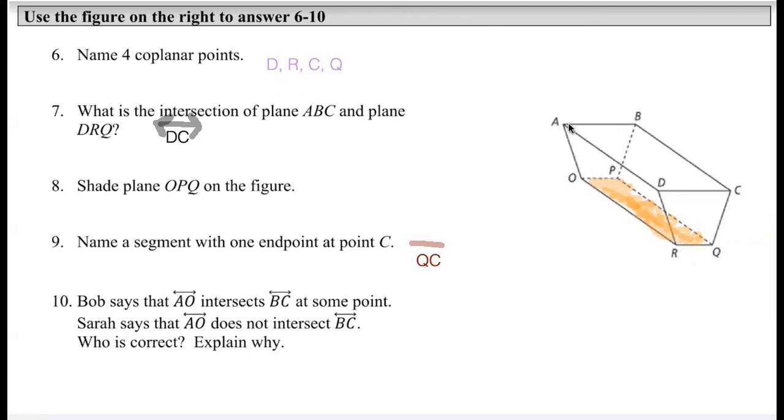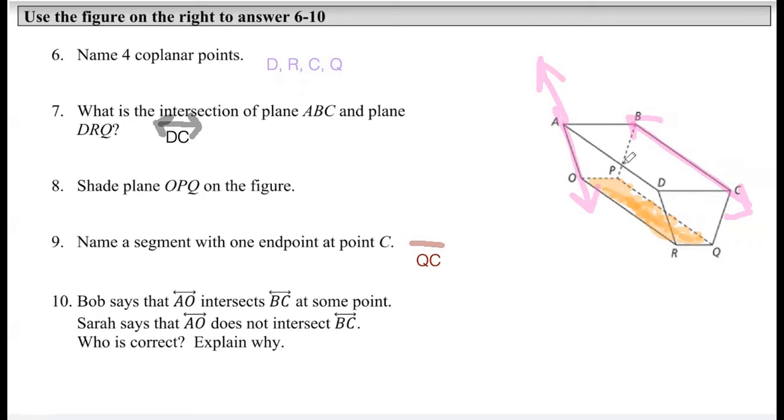We've got line AO, which goes through points A and O, and of course continues on and on forever. And then we also have line BC. That's over here on this side of the box. Okay. So Bob says these two pink lines intersect at some point.